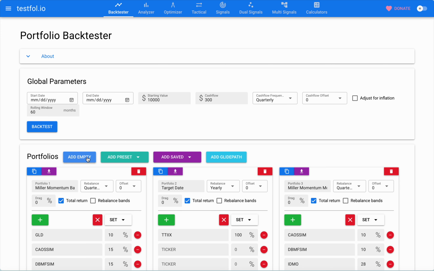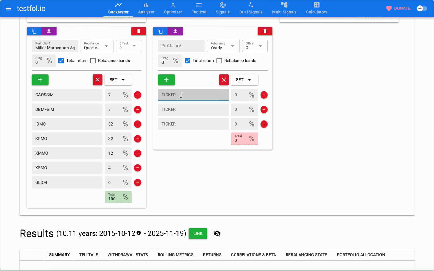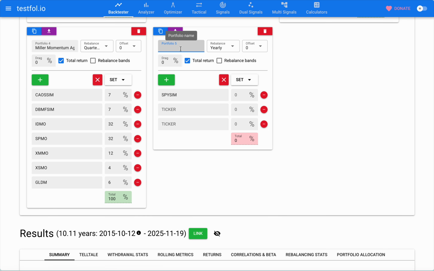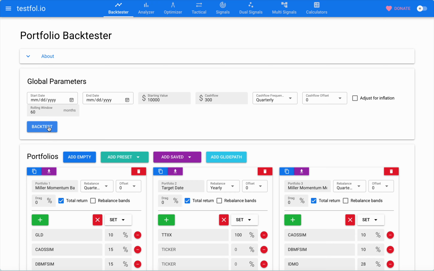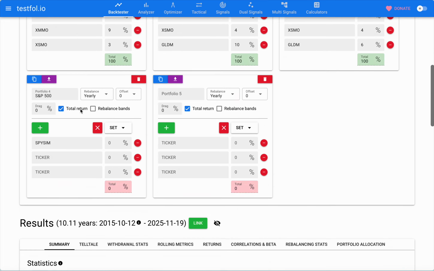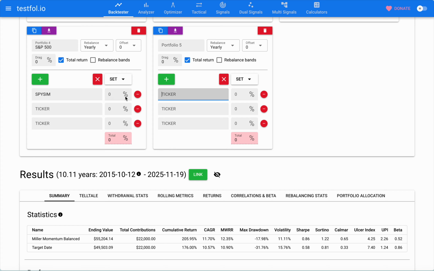And I'm even going to add the S&P 500 in, so you can get a view of how things compare relative to not only a target date fund, but everybody's favorite large cap American fund.